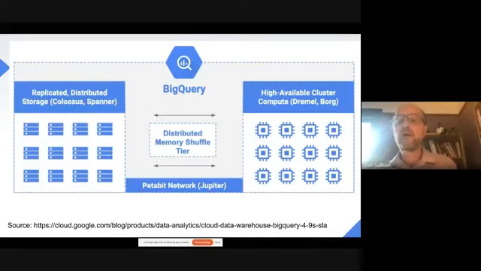Now, because BigQuery is multi-tenant, you and I and a bunch of other people all want access to the same resources. Borg and Dremel manage those. Borg manages the SQL jobs, and then there's also the process of managing some of the resources so that they're fairly allocated. And that's something that comes with Dremel.